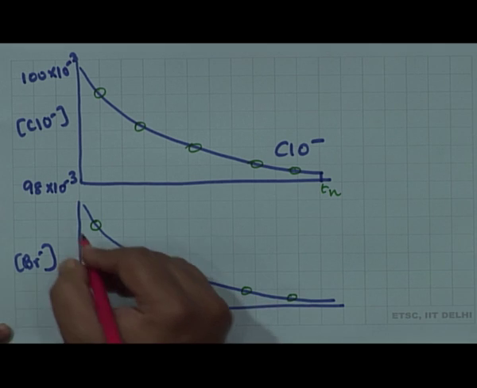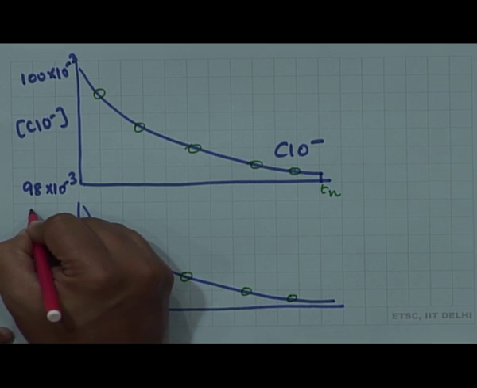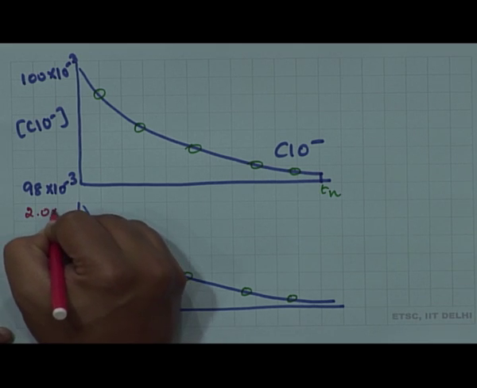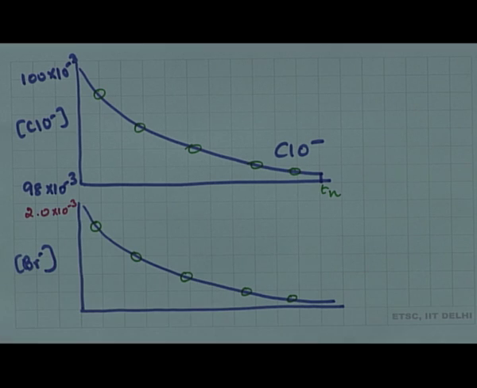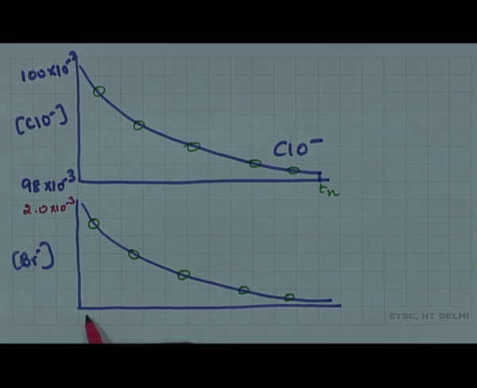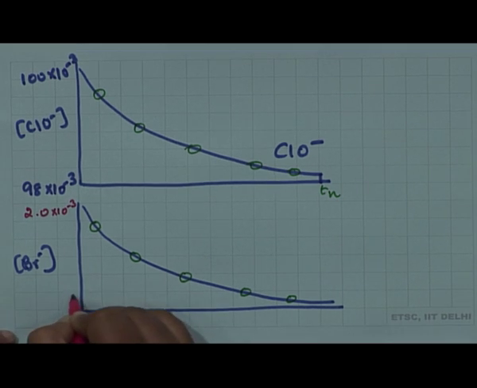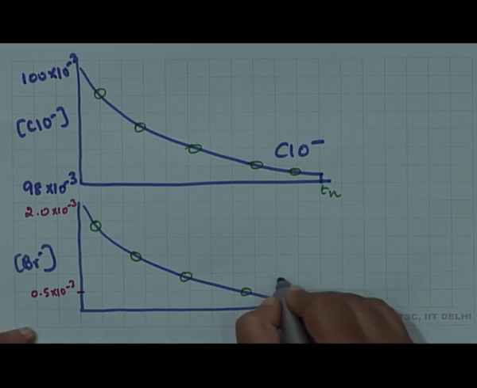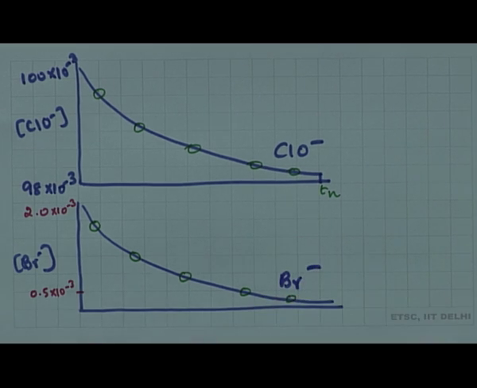So for example, bromide I start from 2.0, say 10 to the power minus 3, and see where I end at. So this out here say is about this one, 0.5 times 10 to the minus 3.